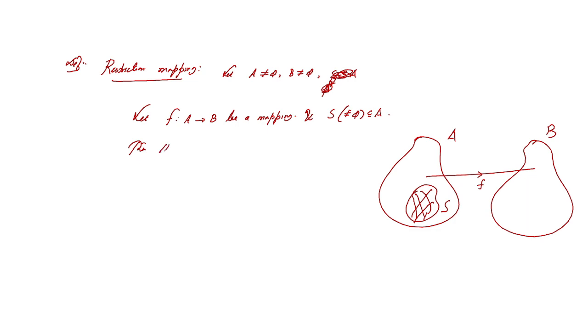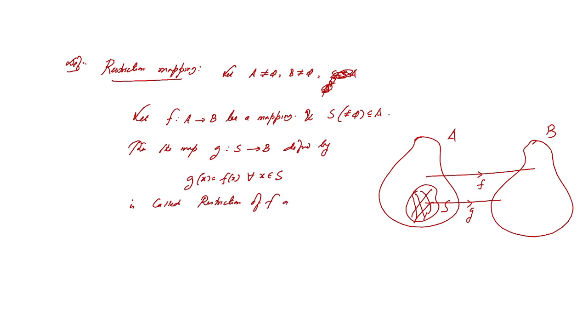So then the map, I have taken the map g here. g is to be defined by g of x equals f(x) for all x belongs to S. That map is called the restriction of f, restriction map of f on the set S, and it is denoted by f restricted on S, from S.